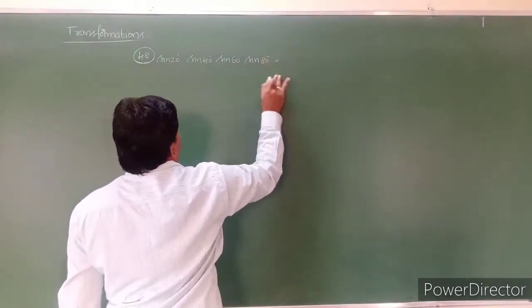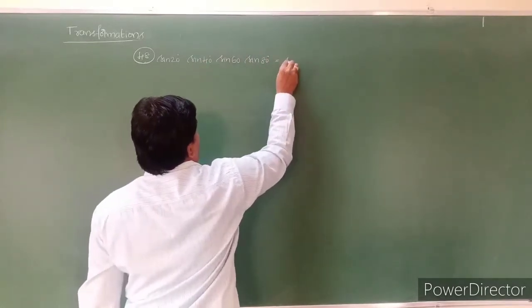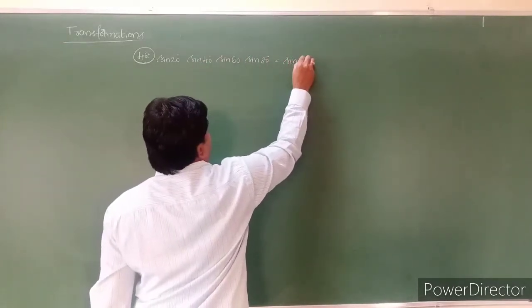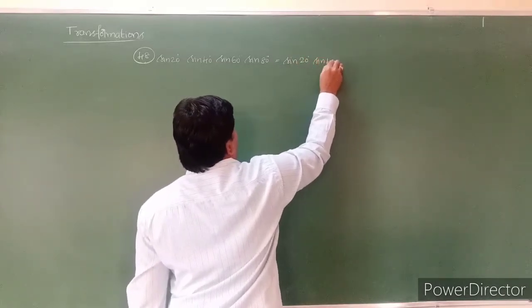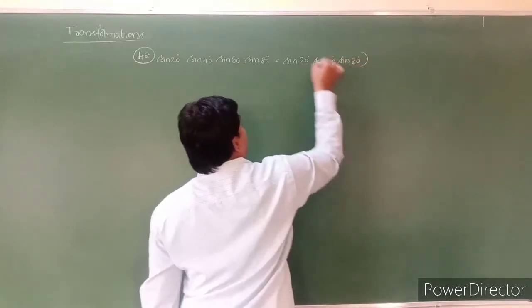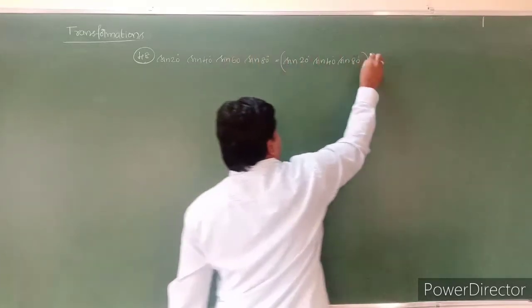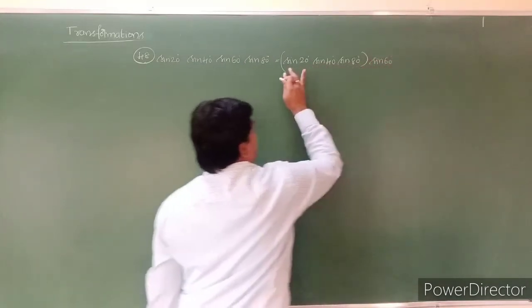What I will do is take sine 20, 40, 80. So what is the form? First I will take these three terms, sine 20, sine 40, sine 80, and the remaining term is sine 60 degrees. Why am I taking these three terms?